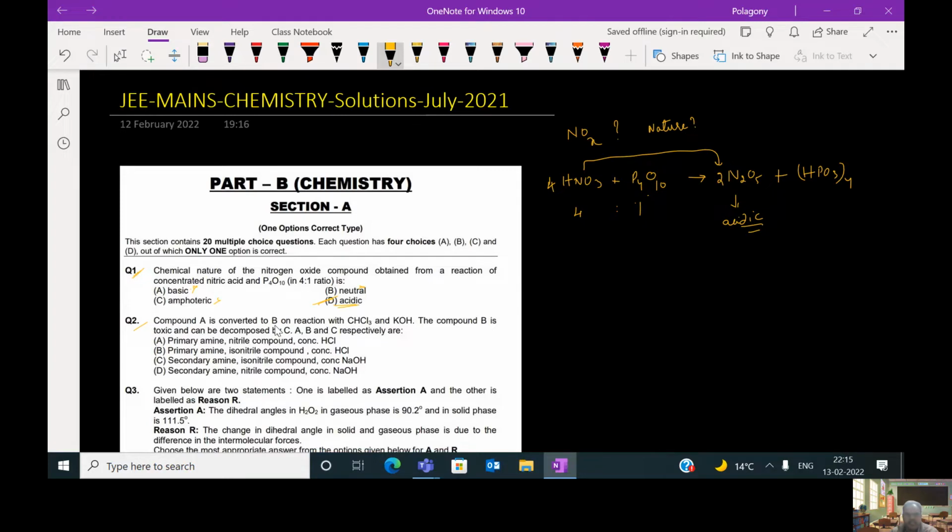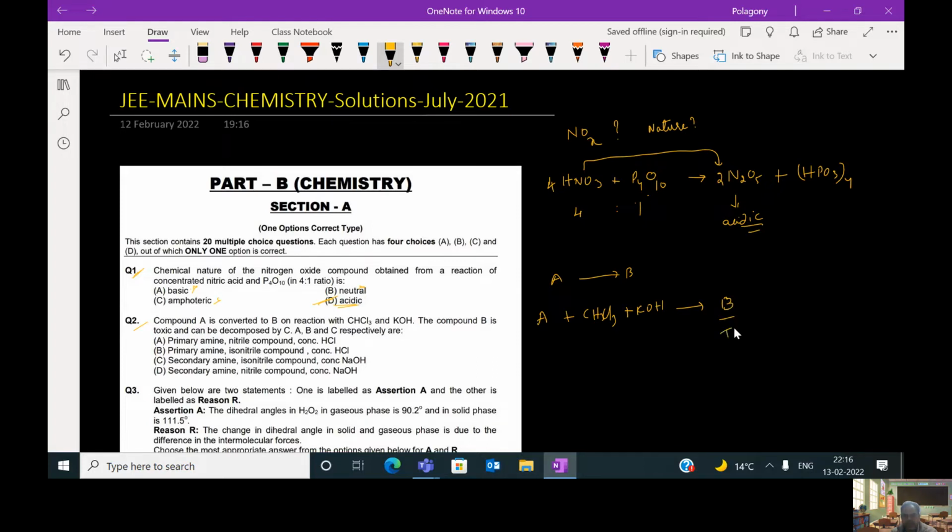The compound A is converted to B. So compound A is converted into B on reaction with CHCl3, chloroform, and KOH. So A is treated with CHCl3 plus KOH, and we get compound B. A changes into B, and the compound B is toxic.